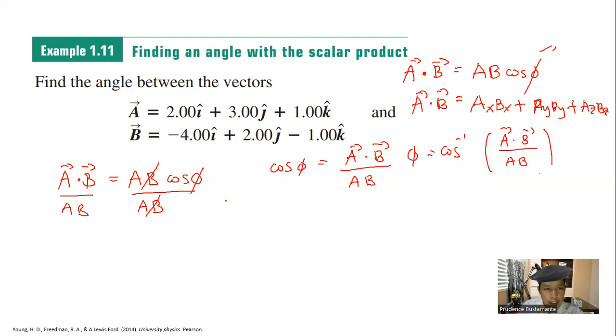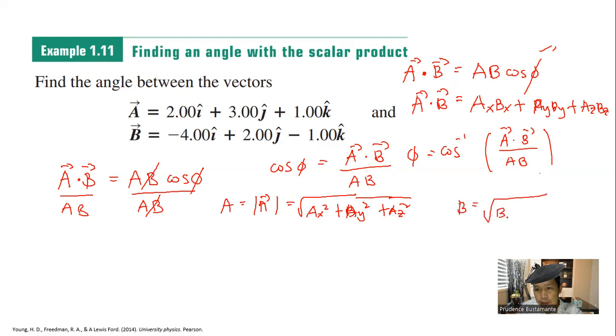So if we recall, the magnitude of our vector A is just equal to the square root of its components, Ax squared plus Ay squared plus Az squared. The same for B, which is the square root of Bx squared plus By squared plus Bz squared.